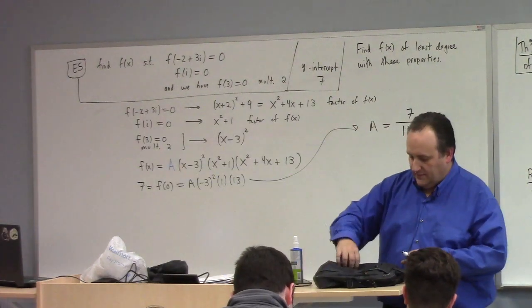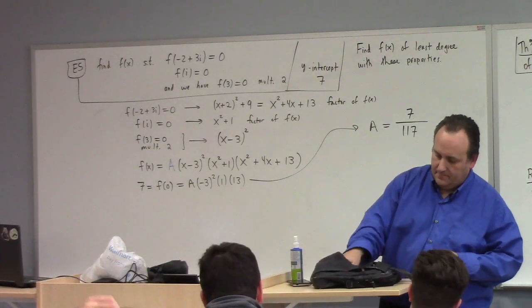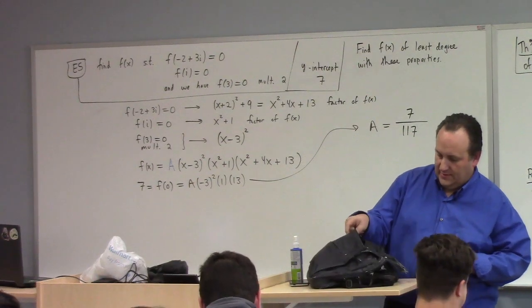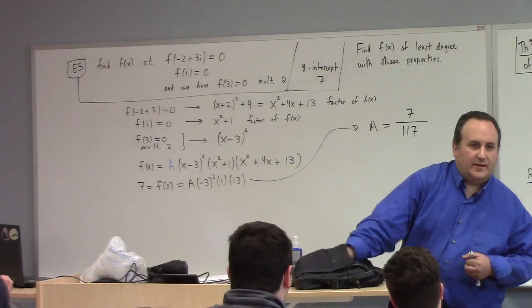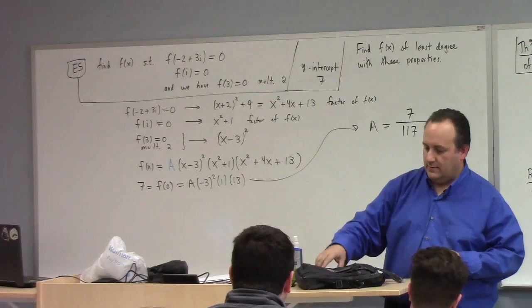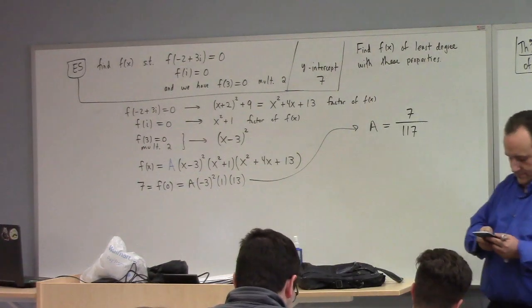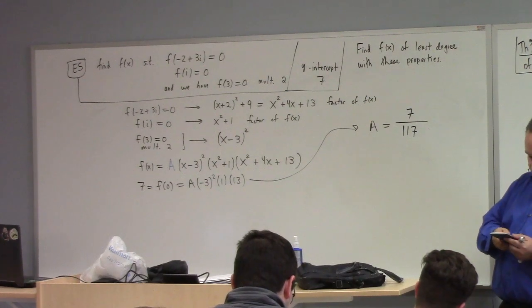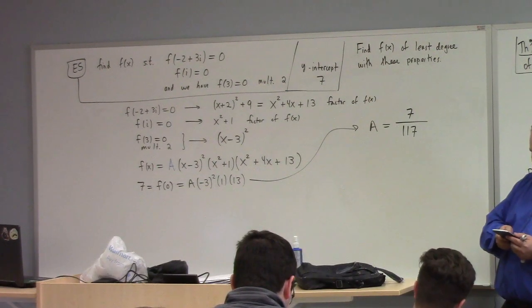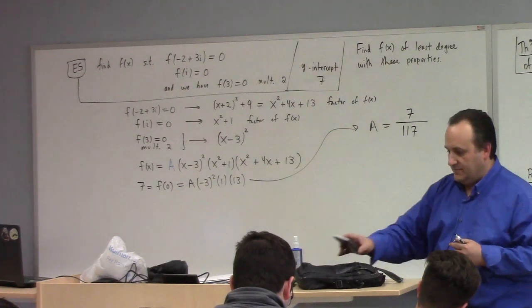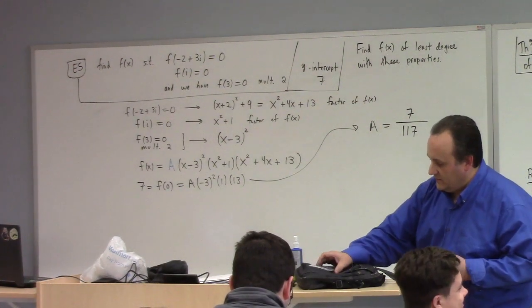It's not a pretty decimal. Oh, wait a minute. 0.05982906. You wanted to keep going. There's more. Yes, 0.0598290, blah, blah, blah. Yes, very good. This is true.